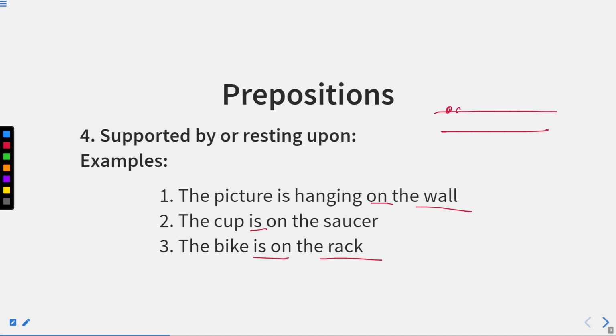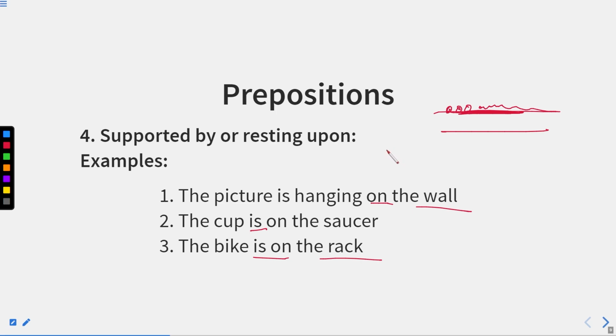So obviously, if the train is running, though it is in running position, it is continuously in contact with that particular track, so we will use the preposition on over there as well. The vehicle is running on the road or plying on the road. Obviously the vehicle will keep touching the road continuously, so for that as well we will use the preposition on.